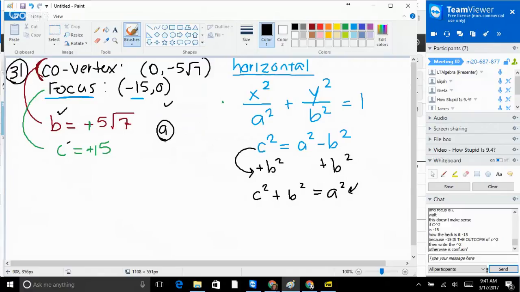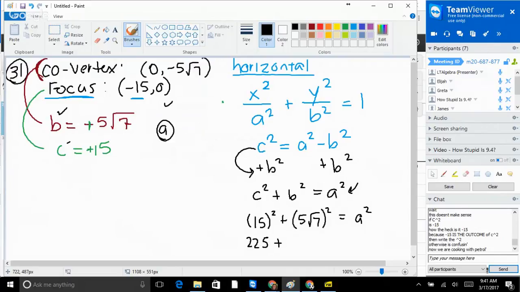So c squared is 15 squared plus b squared, which is 5 square root of 7 squared, equals a squared. Okay, so 15 squared is, I don't know, my squares aren't that high. 225, I should know that. 225.